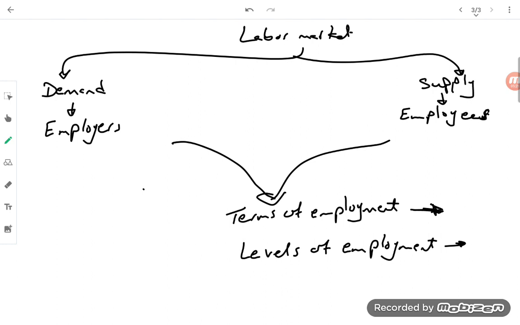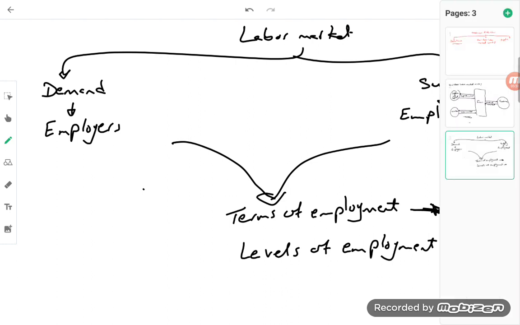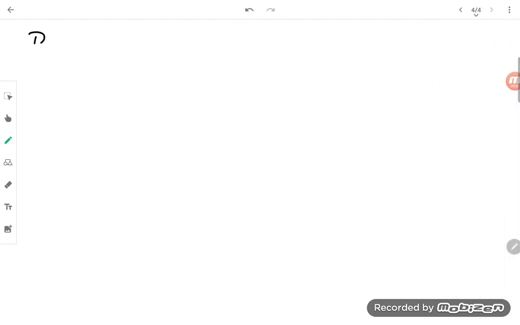So let's start with the demand side. When we talk about demand for labor, as we said, it's derived from the demand for the products.